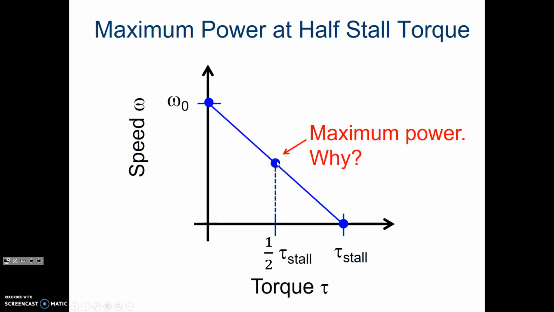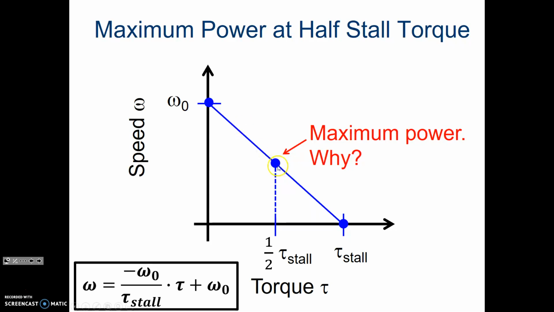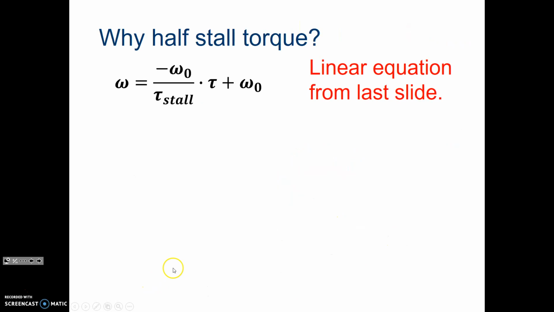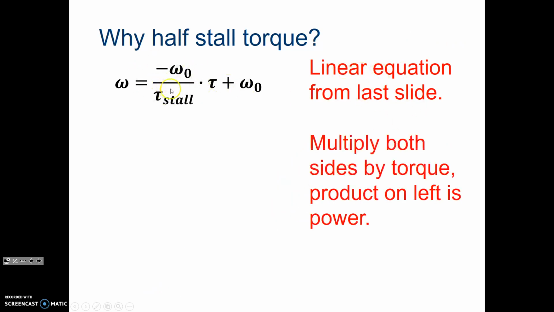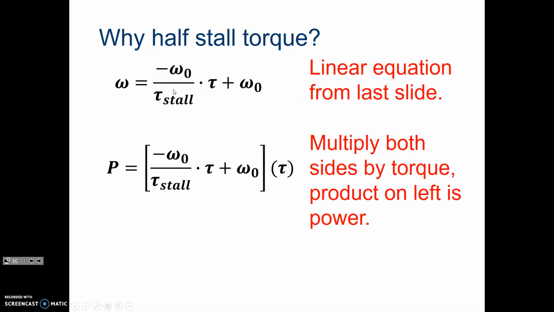Why do you think that is? It's because this has as much speed and as much torque as possible, and so we call this the half torque. So here's the linear equation on the last slide, and we multiply both sides by the torque to produce this equation.